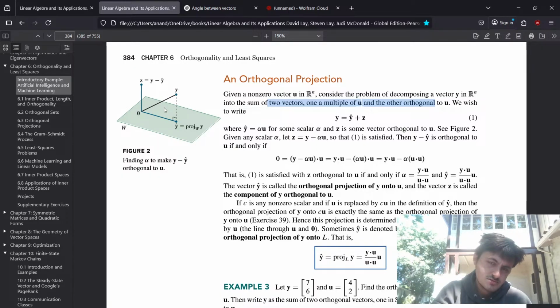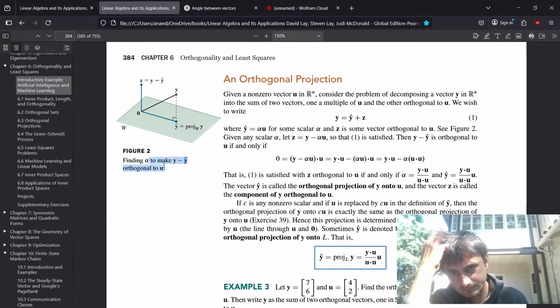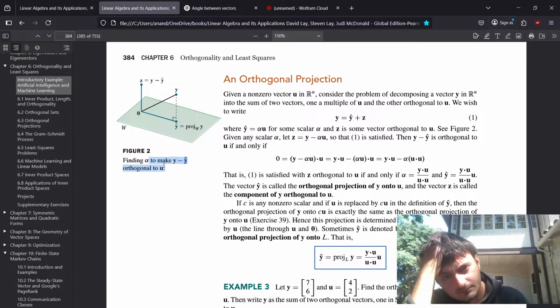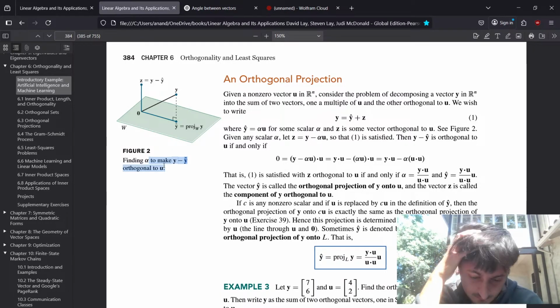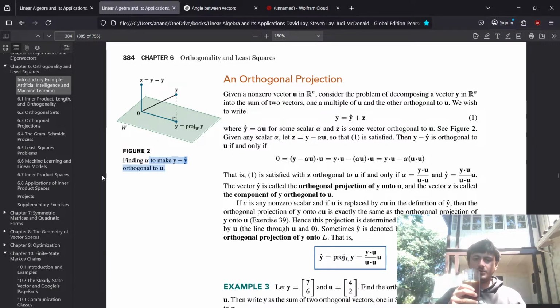Oh, okay. Where y hat is equal to alpha u, and z is orthogonal to u.